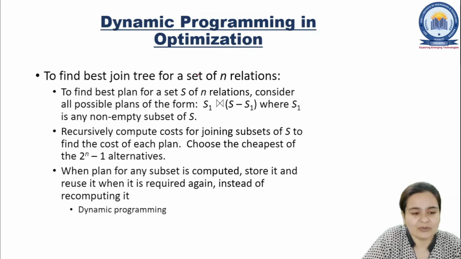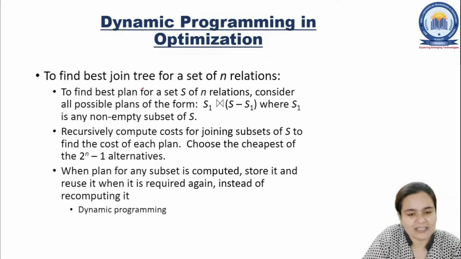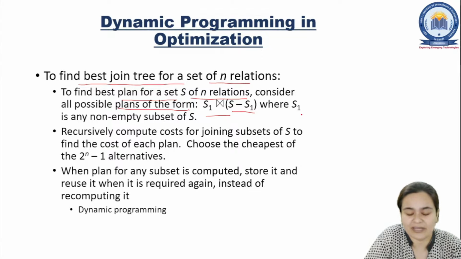Another solution for this is we can use dynamic programming for optimization. In order to do that, we can find the best join tree for the set of n relations that we have to join. To find the best plan for a set S of n relations, we have to consider all the possible plans of the form S1 join (S minus S1). That is, for all the rest of the relations we have to see which is the best join we can perform.